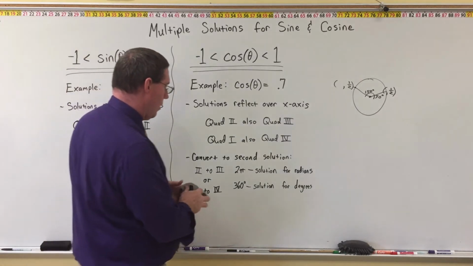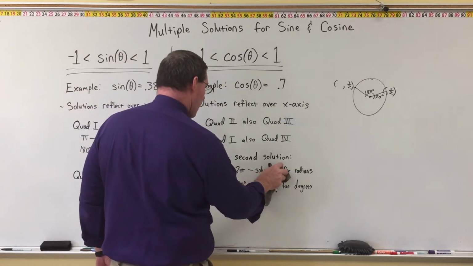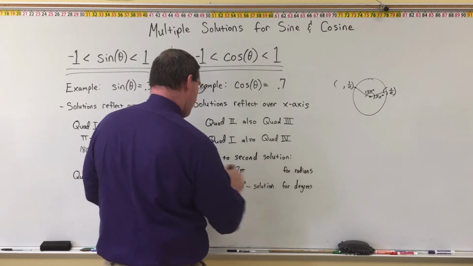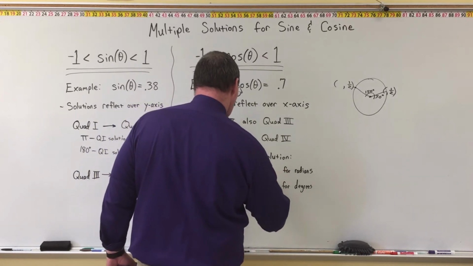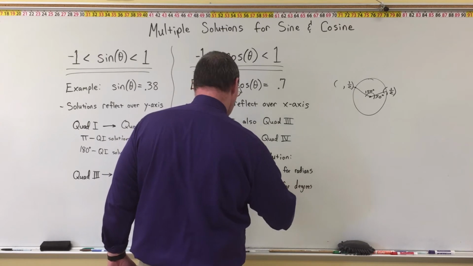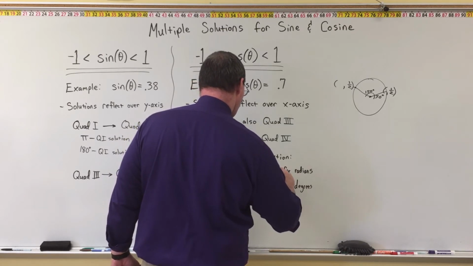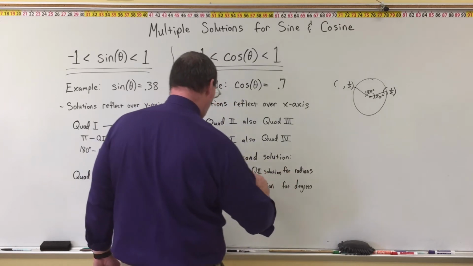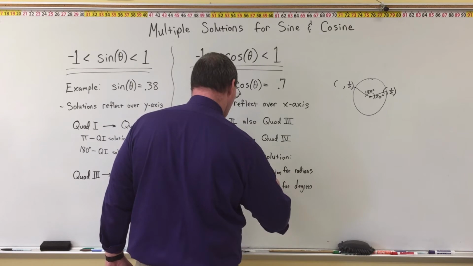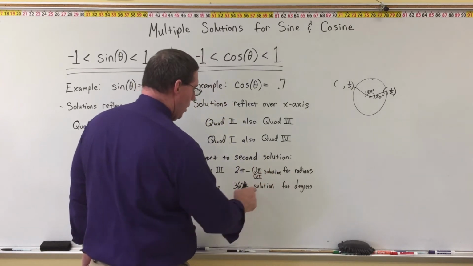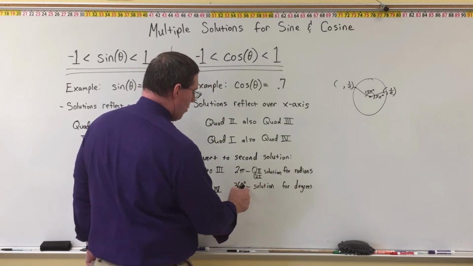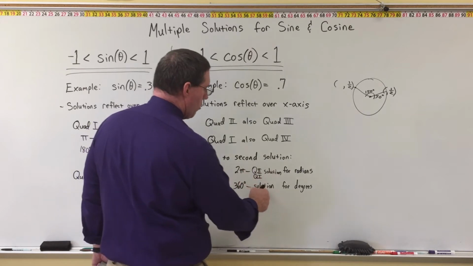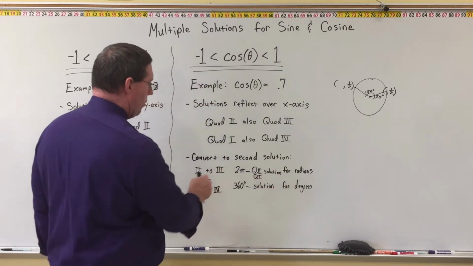Here we're going to say 2 pi minus the quadrant 2 solution, or the quadrant 1 solution. So quadrant 1 or quadrant 2 solution would be the same thing down here. 360 degrees minus the quadrant 2 or quadrant 1 solution will give you the quadrant 3 or the quadrant 4 solution.